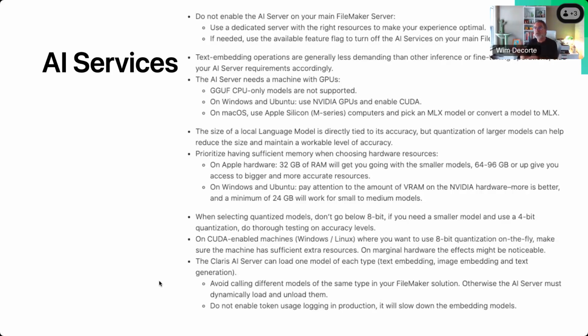I think you've seen the size of a text generation model, and the fact that it uses a bunch of GPU and compute resources that your FileMaker server has to use for other things. I think it's only logical that you want to separate that to a different machine. If we're talking about that experimentation that we will all have to go through, sure, you can run it on your development and test FileMaker server, right?